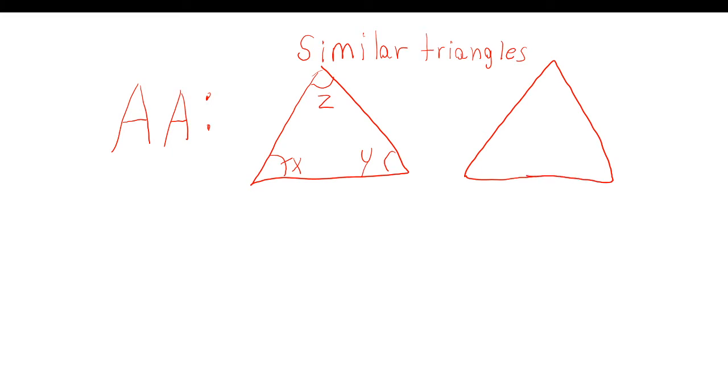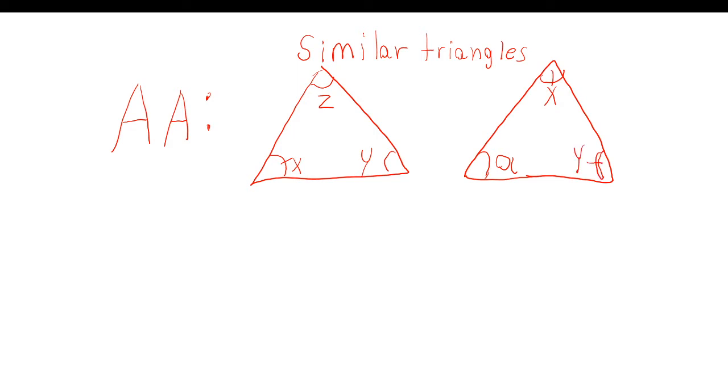So if we turn this triangle, Z could correspond to some angle over here, let's say another angle called A. Now by AA similarity, if corresponding angles are equal, they're similar. So this could be X, this could be Y, and this is by the degrees.